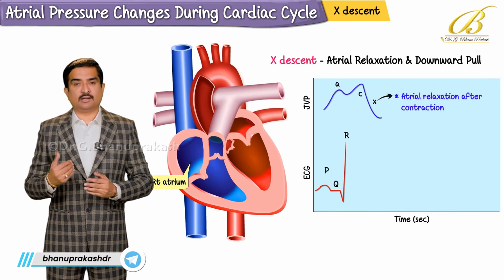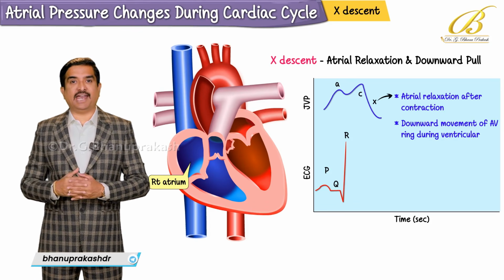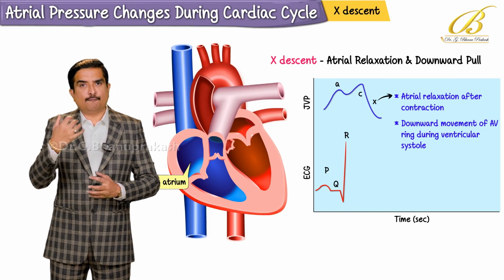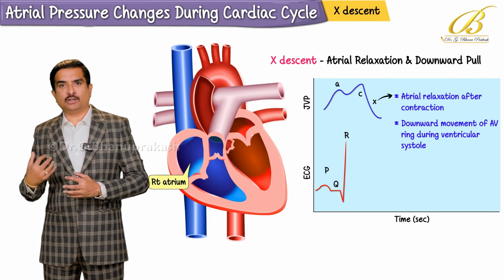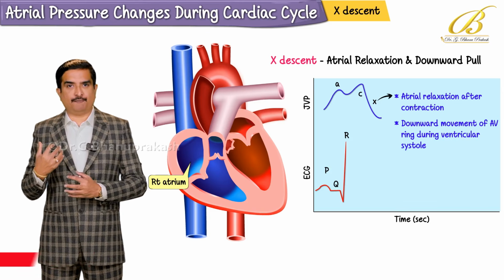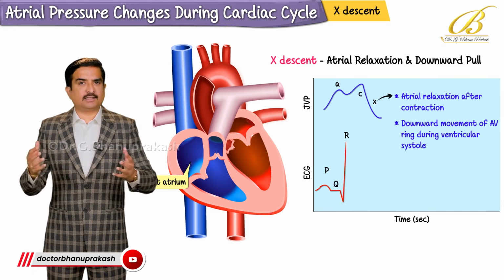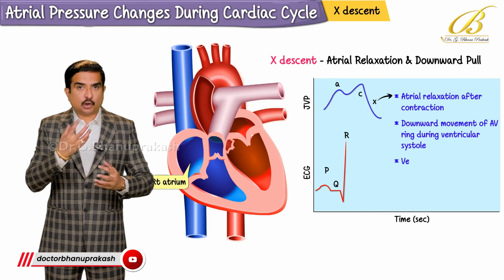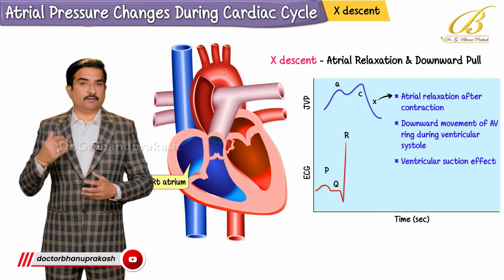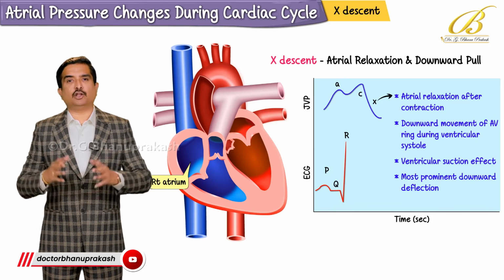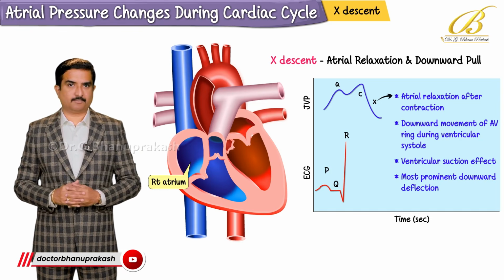The second is the downward movement of the AV ring during ventricular systole, which pulls the floor of the atrium down, creating a vacuum effect that is responsible for this fall. This is sometimes called the ventricular suction effect. It is usually the most prominent downward deflection in the normal venous pulse.